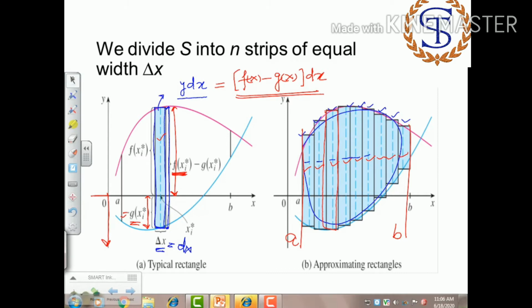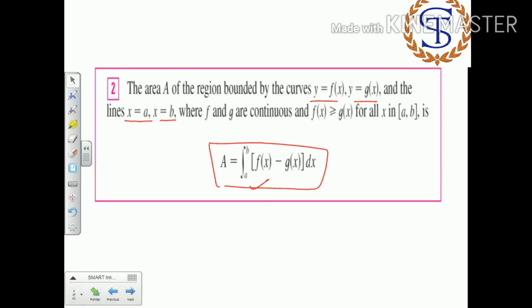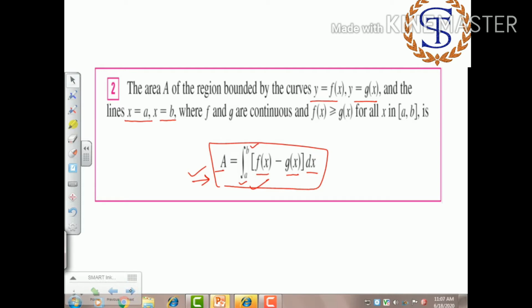That's why the area of this shaded portion now becomes the integration of f(x) minus g(x) with respect to x within the limits a to b. By using this concept, we can find the area of a region bounded by curves.